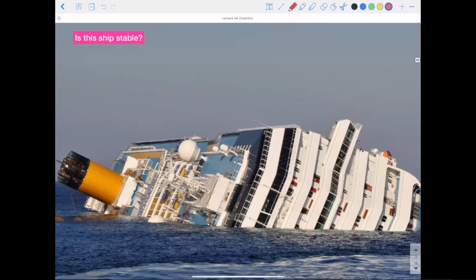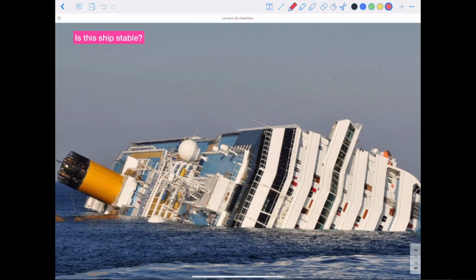Here's another question. Is this ship stable? What do we think? Yes or no? Yeah, even though it doesn't look like the stable position that you would want a ship to be in, it is actually stable.